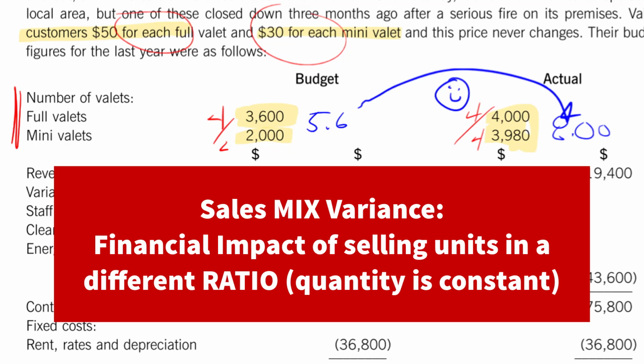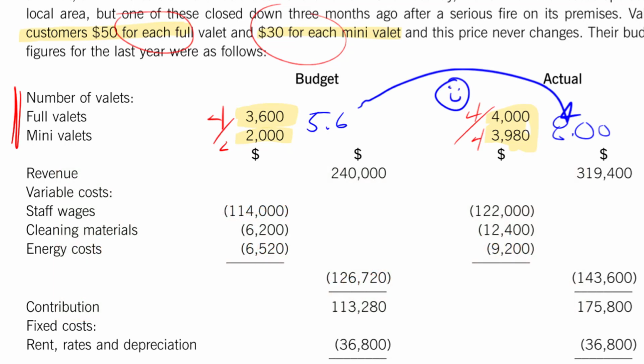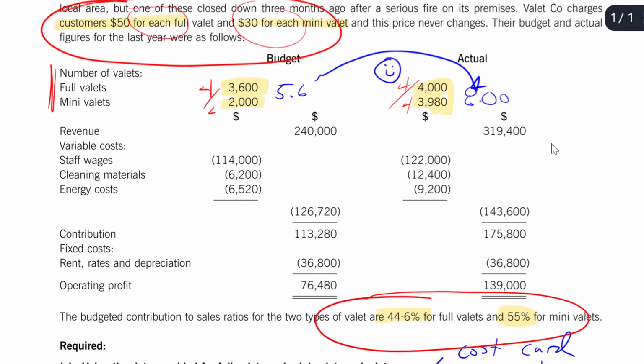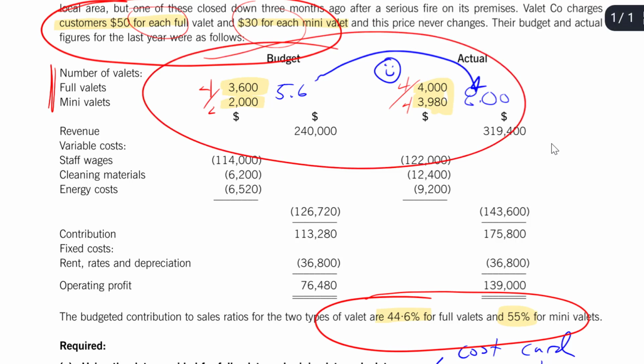Okay, now with this information, the prices, the contribution to sales ratios, and these budgeted and actual units, we can do the whole thing. Let's jump into the spreadsheet now and make quick work of this.